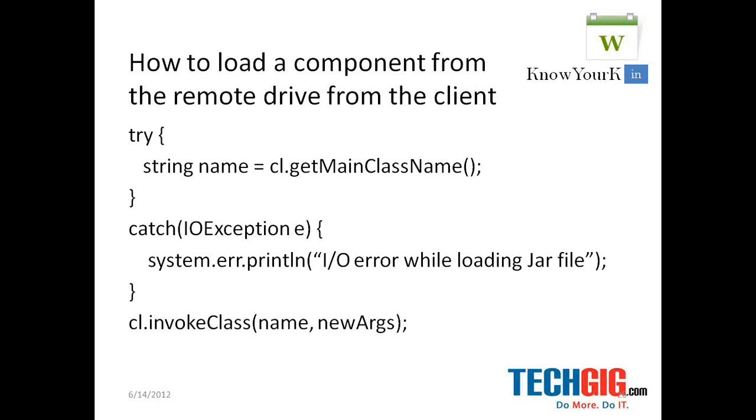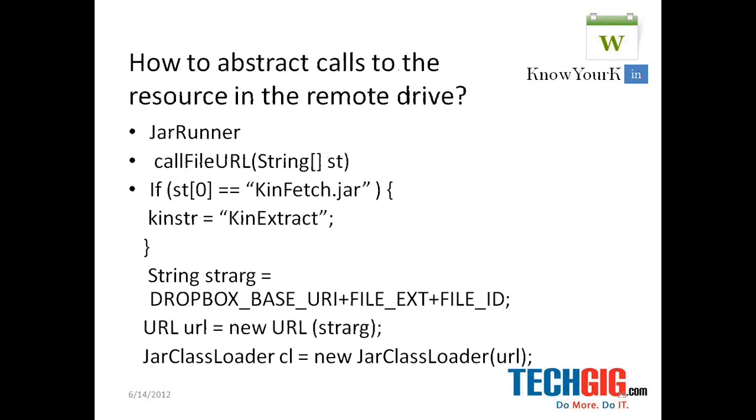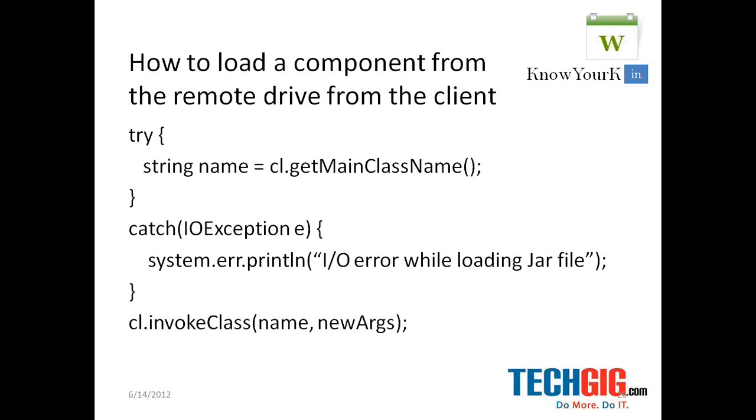We have to get the main class from the jar file, so we get the main class from the jar class loader object. We get the main class name into a string, and that string is passed to the invoke class method, and we can also pass arguments to the method.